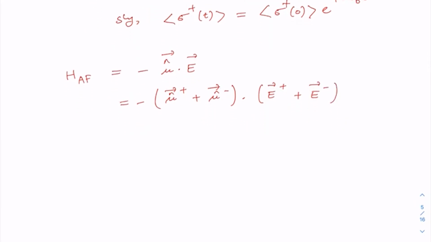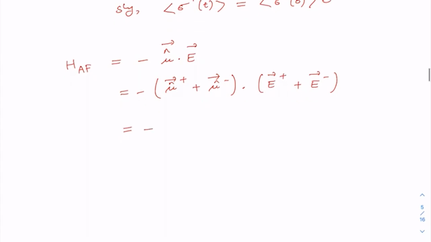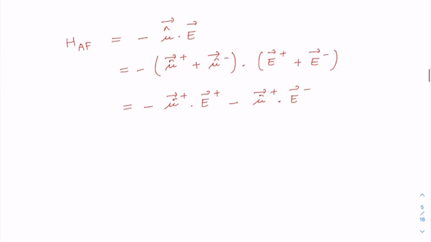If I take the dot product on both sides, I will get four terms: μ+·E+, μ+·E−, μ−·E+, and μ−·E−.